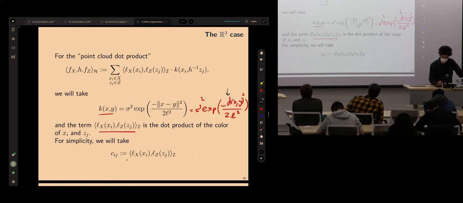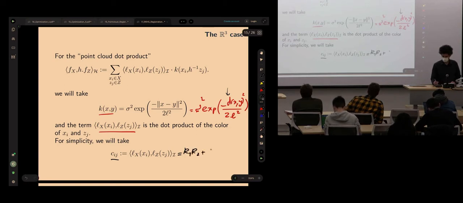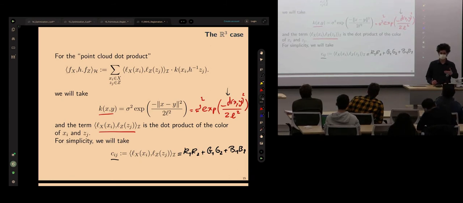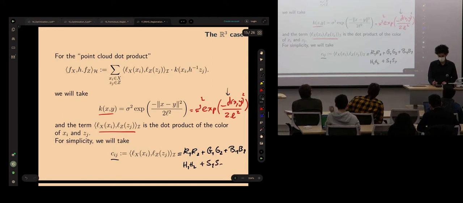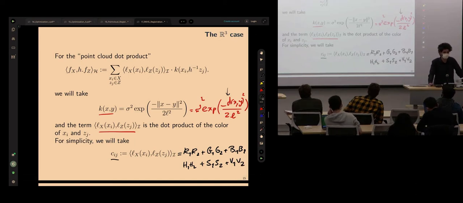The color dot product will just give you something like R1 R2 plus G1 G2 plus B1 B2, the RGB dot product that you read from images. In practice, we actually found it more useful to work with the HSV color map, but that's just a side point.